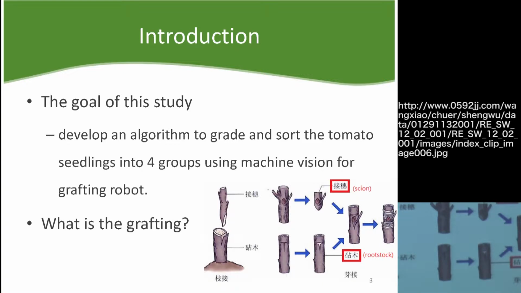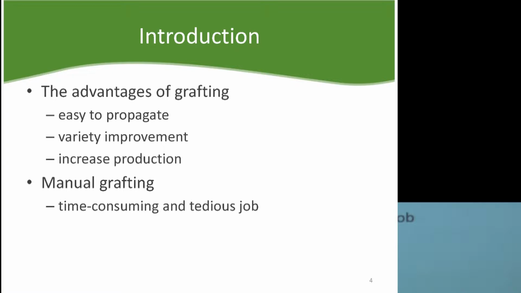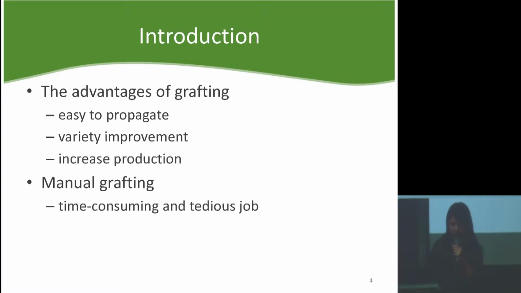Some papers found that grafted plants were taller and more vigorous than self-rooted ones. So there are some advantages of grafting. It's easy to propagate, it allows variety improvement, and it can also increase production.